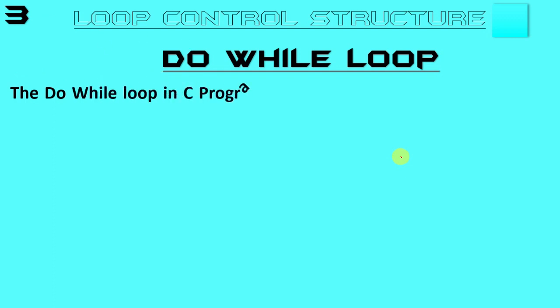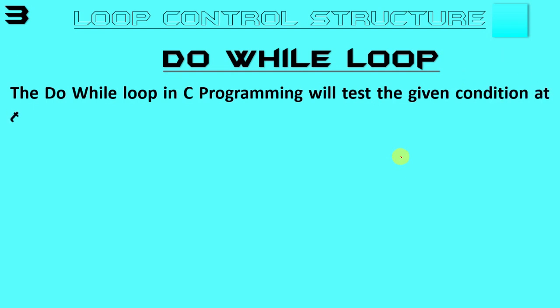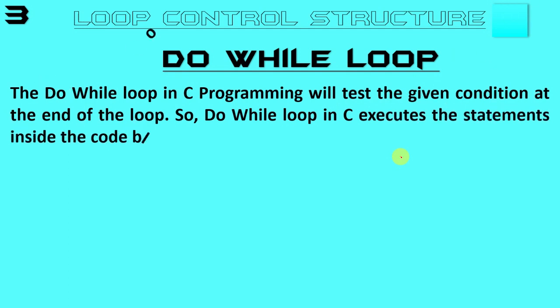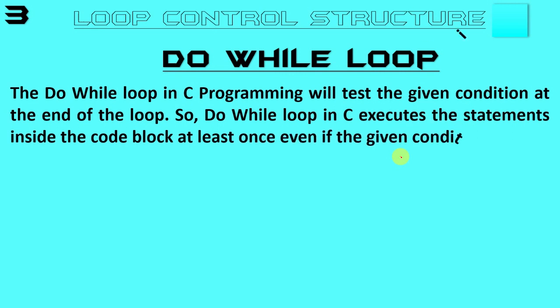The do while loop in C programming tests the given condition at the end of the loop. So the do while loop in C executes the statements available inside the code block at least once, even if the given condition fails.